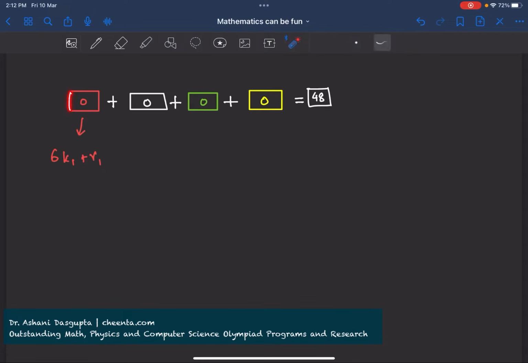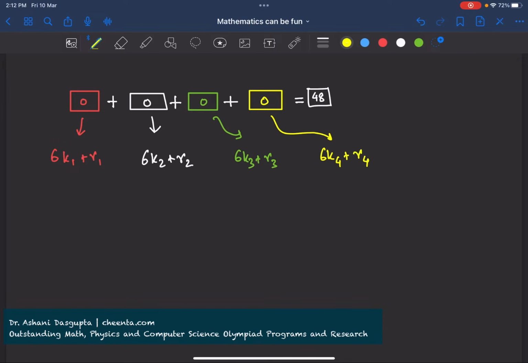Whatever the number of balls in this red box is, I can write that as 6 times some quotient plus r1. Any number can be written like that. This one can be written as 6 times k2 plus r2. This one can be written as 6 times k3 plus r3. And this one can be written as 6 times k4 plus r4.